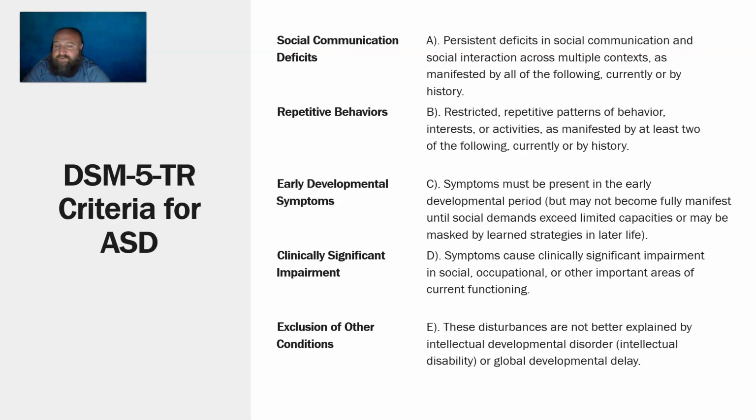So clinically significant impairment. And then the final criteria E, exclusion of other conditions. So these disturbances, all of A, at least 2 of B, these symptoms started in early childhood and cause significant disruptions. All of those are not better explained by intellectual developmental disorder, which is intellectual disability. It used to be called something else before. Or global developmental delay.